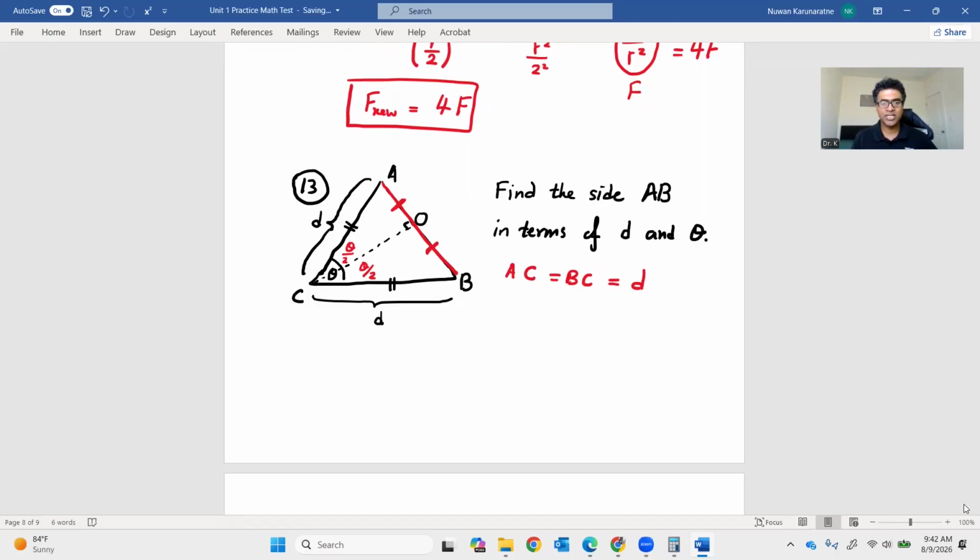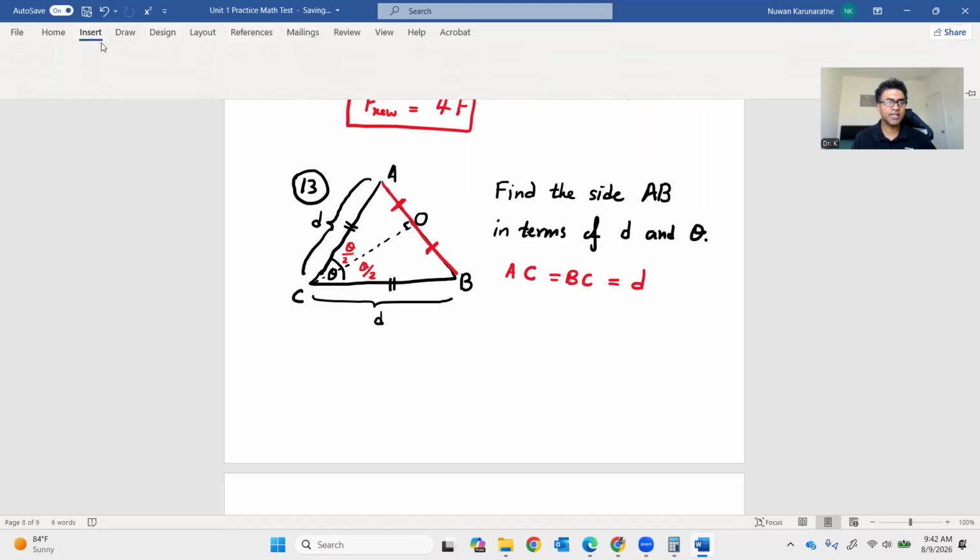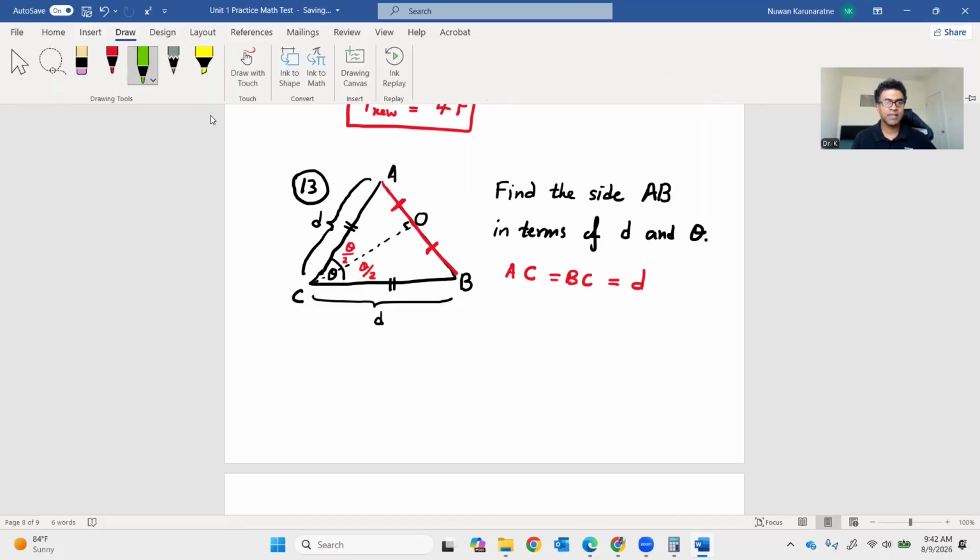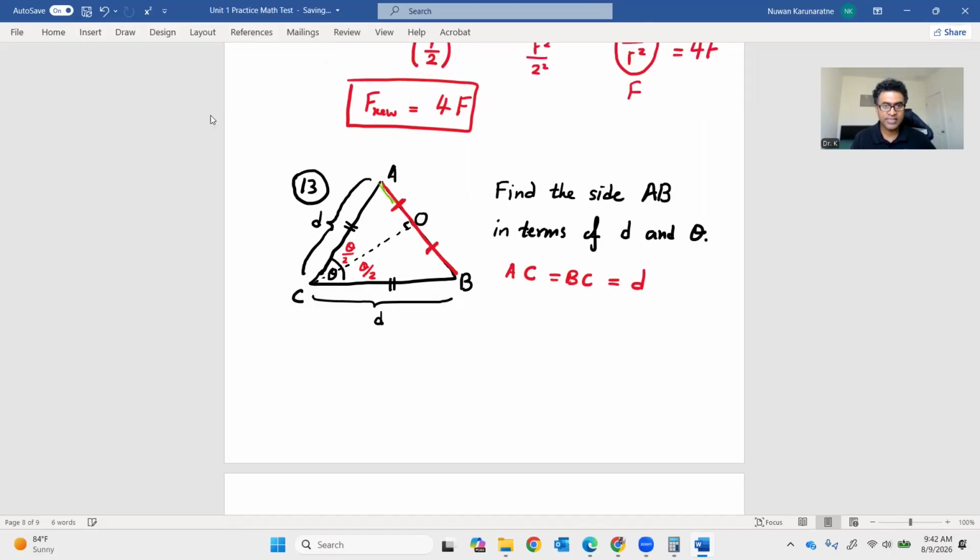Okay, so using trigonometry, can you see that's a right angle triangle. I'll use a different color here maybe. Yeah, so there's a right angle triangle here, and it's identical to the other right angle triangle.